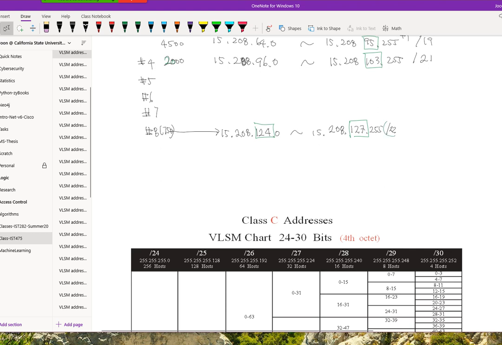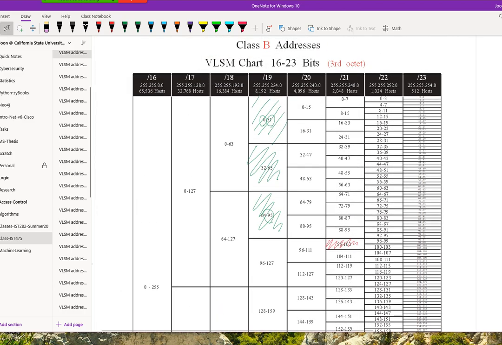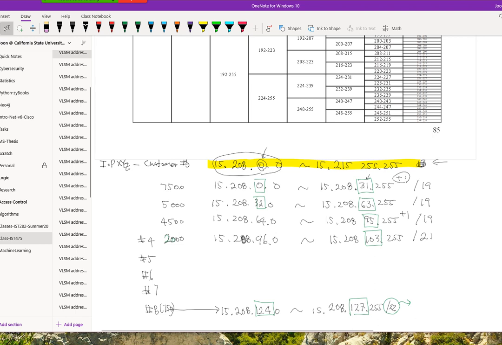With the /22, yes, 1024. So theoretically, this client 8 can have up to 1024 hosts, right? And in the next problem, we're going to work on this IP address space. Okay, so let's take a 1-minute break.